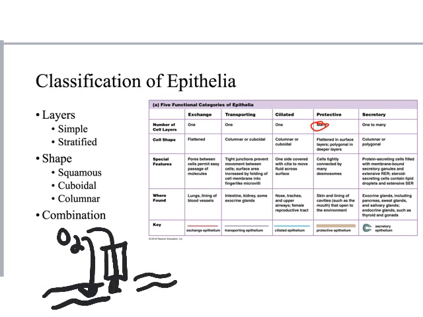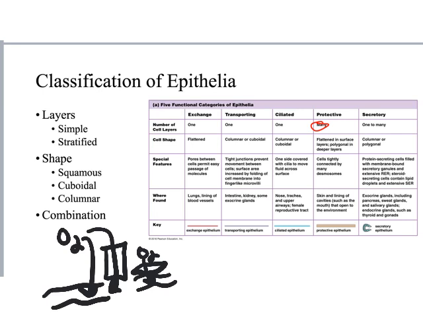But let's say, on the other hand, I have a very flat squamous epithelium. Notice how quickly the oxygen could diffuse through that squamous cell and into the blood supply. So what we're going to find is when we want quick absorption, quick diffusion, we're going to have a simple epithelia, and we're more than likely going to have squamous.